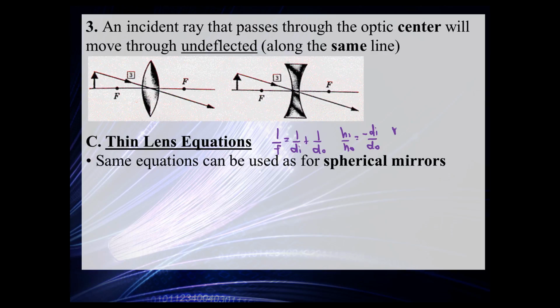We also had the radius of curvature is twice the focal length. And we also had the magnification equation, so the absolute value of my magnification is a ratio of hi over ho to di over do. Sign convention is going to be just slightly different, though.